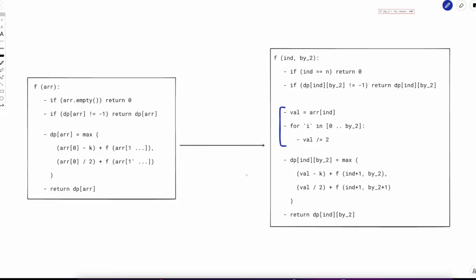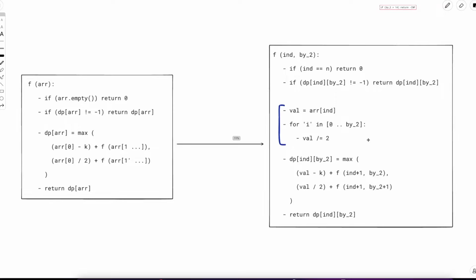You can say I have two choices, either I will take val minus k or I will do val by 2. If I do val minus k, I don't need to pay any extra penalty. Everything after me will stay as it is, and everything after me will be divided by this many number of 2's. So index plus 1 divided by this many number of 2's.